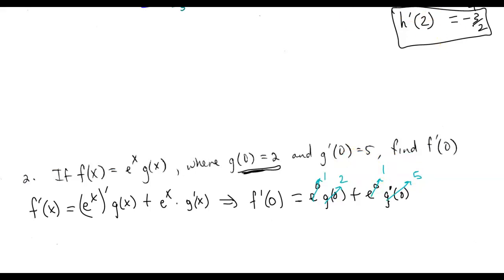So we see here that once all this is done, we essentially just have 1 times 2, which is 2, plus 1 times 5, which is 5, and our result here just ends up being 7. So f prime of 0 is just going to be 7.